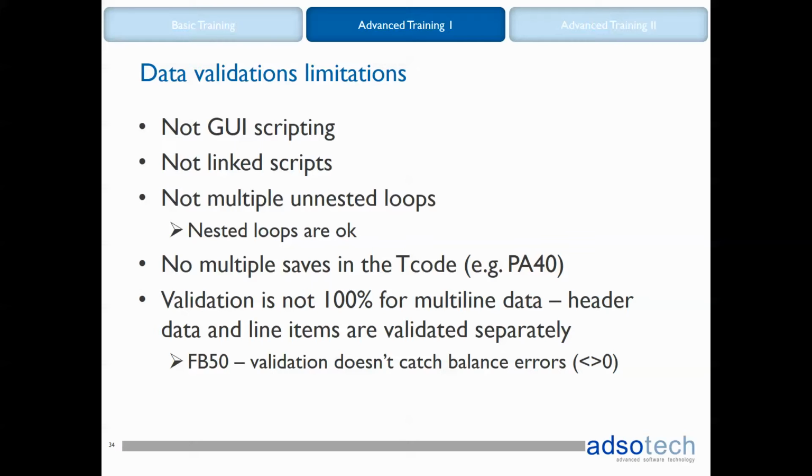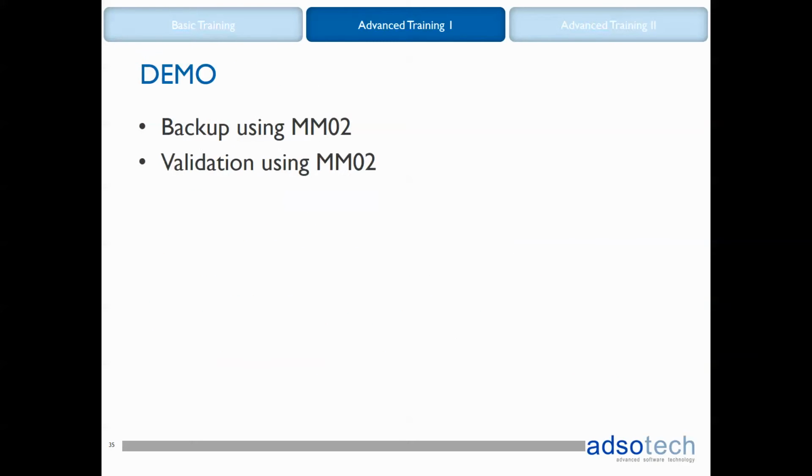But it doesn't do that before that. And that's why data validation with Winshuttle doesn't catch it either. Because data validation is not going to try and save the document, so we don't catch the balance errors either. But like I said, you can build those in to your Excel template with formulas and things like this.